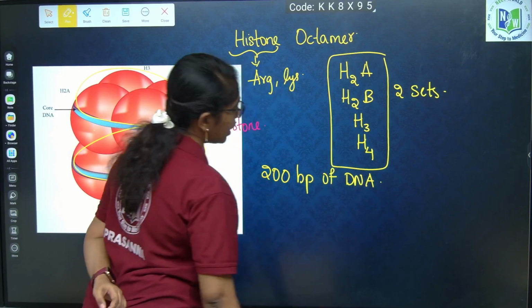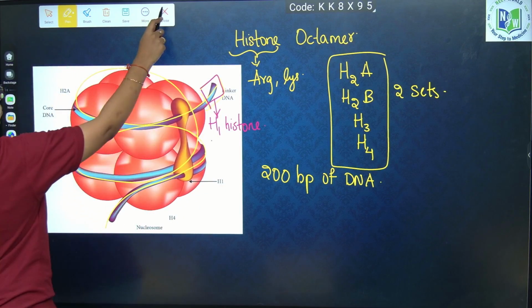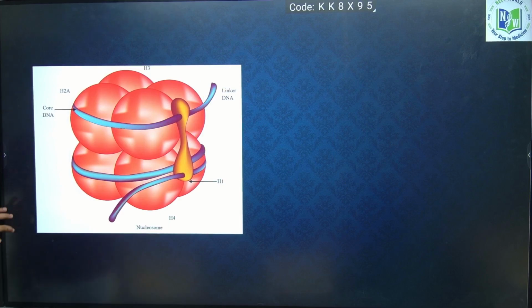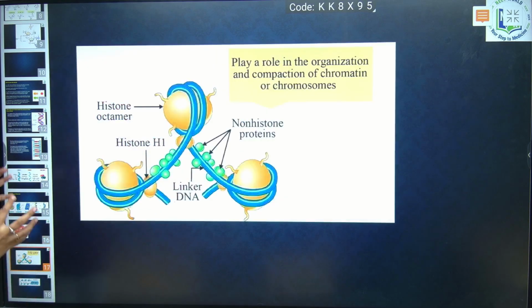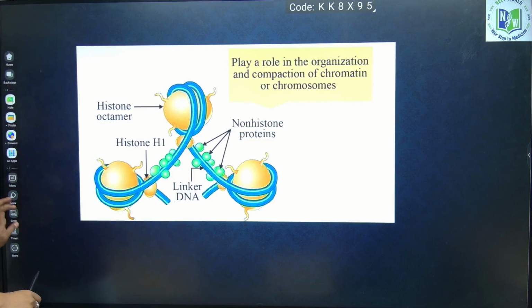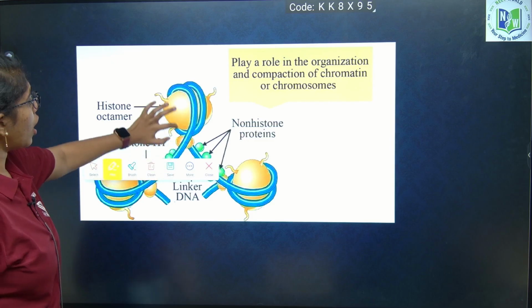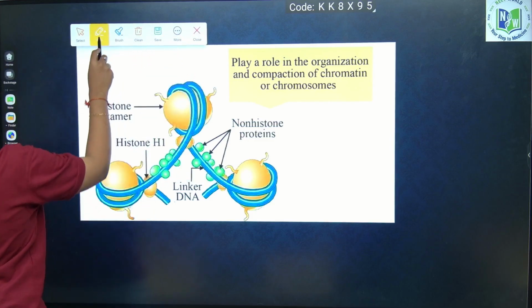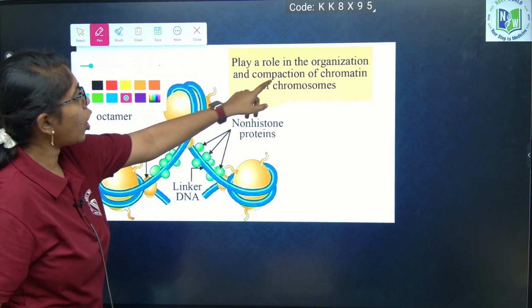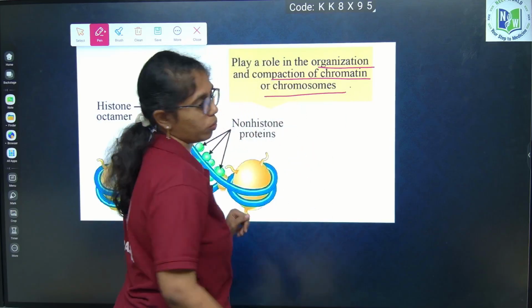Next, further tight condensation into chromosomes involves some special proteins called non-histone proteins. They play a very important role in organization and compaction of chromatin into chromosome.